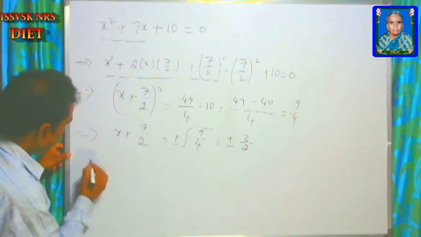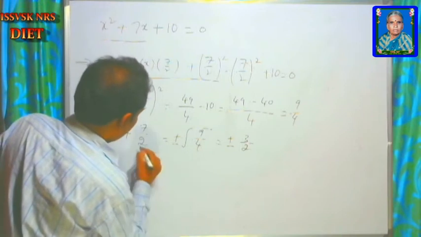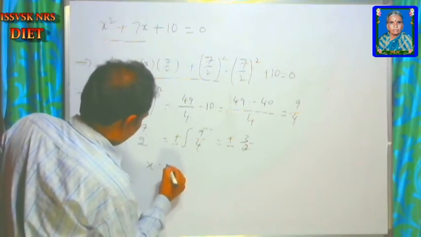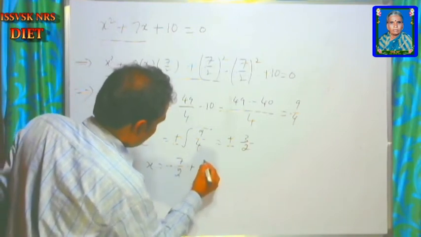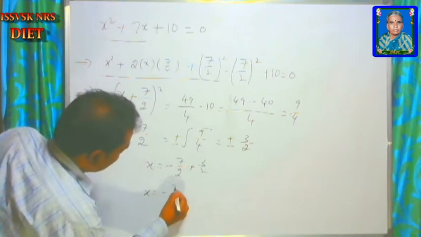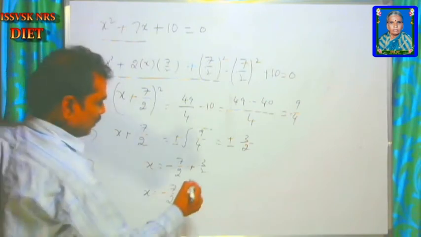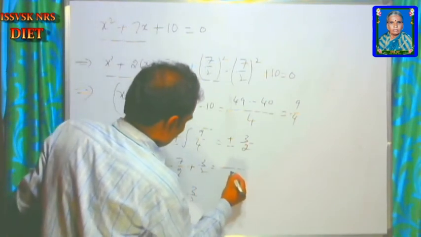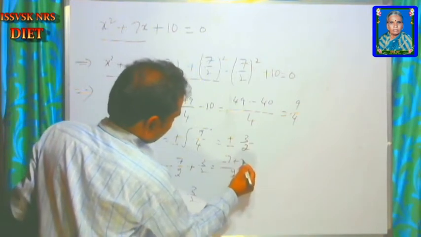which implies x is equal to minus 7 by 2 plus 3 by 2, one value, x is equal to minus 7 by 2 minus 3 by 2, another value, which is equal to 2 LCM, minus 7 plus 3.